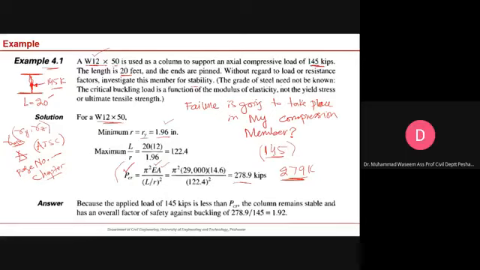Because the load acting on this member is 145 kips and the critical load is 279 kips, this is higher than the applied load, so it means that the column is stable and it will remain stable, and the overall factor of safety against buckling in this member for this condition is 1.92.